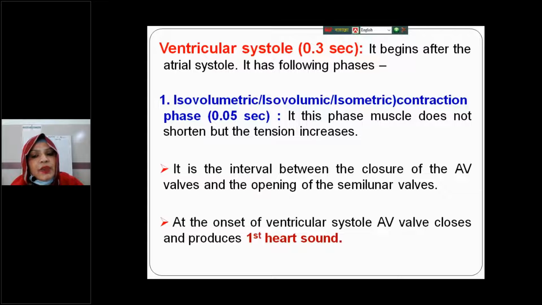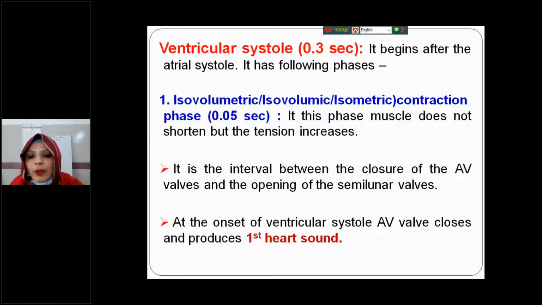Listen to me very carefully. Sudden closure of the AV valve produces the first heart sound. It produces vibration. Sudden closure of the AV valve produces vibration, which produces the first heart sound.